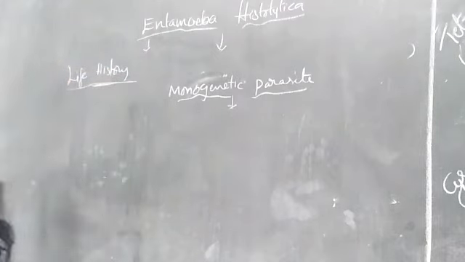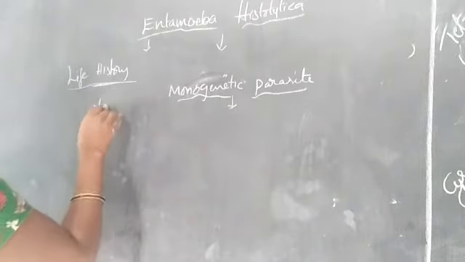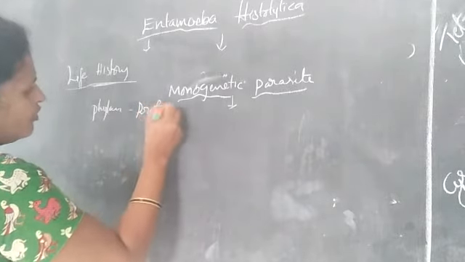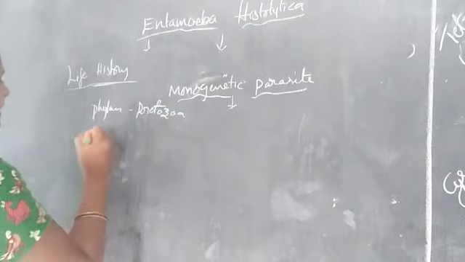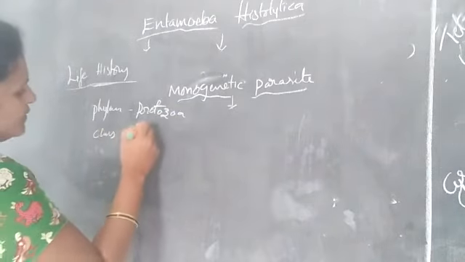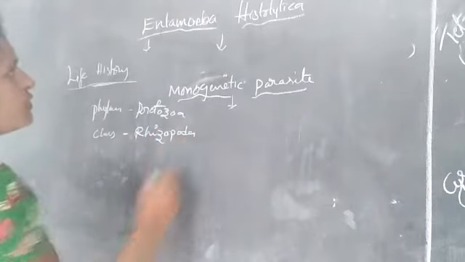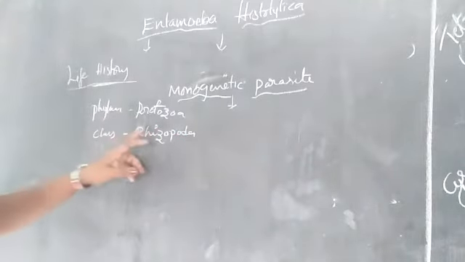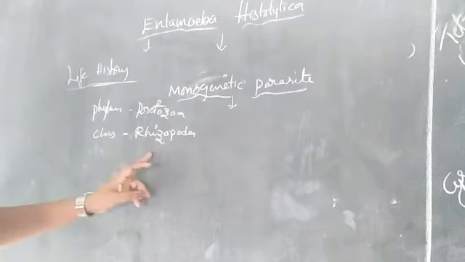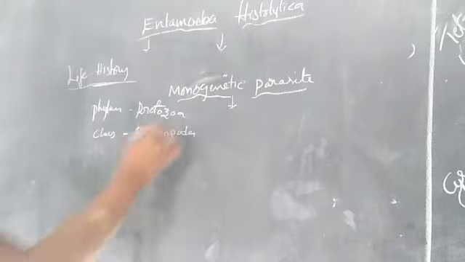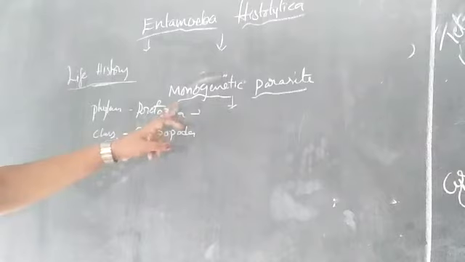They are arranged in a systematic position: phylum Protozoa and class Rhizopoda. So this is the systematic order of Entamoeba histolytica. Entamoeba is a protozoal parasite, and it is also called a monogenetic parasite.